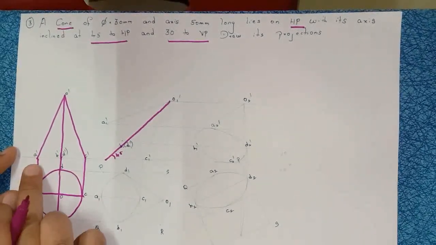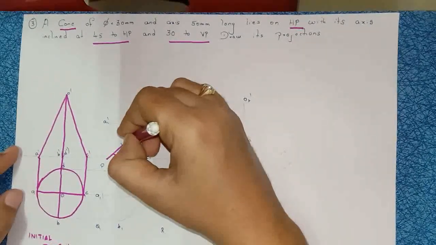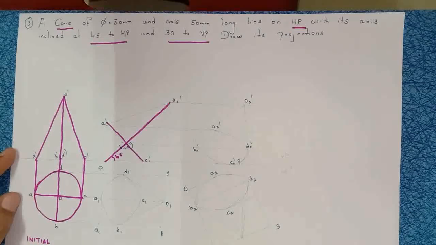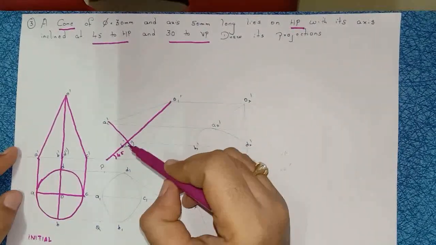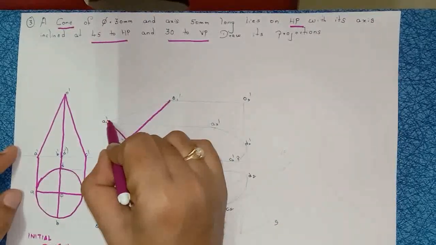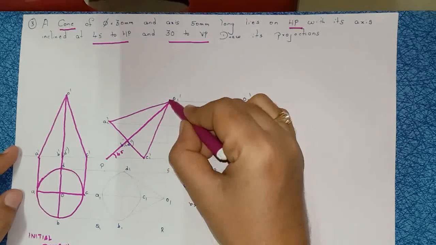Right? Then next from A dash to C dash. Measure this length by trial and error method. Draw here. Now from this point the axis height should be 50 mm. After drawing this, join O dash to A dash and here O dash to C dash.